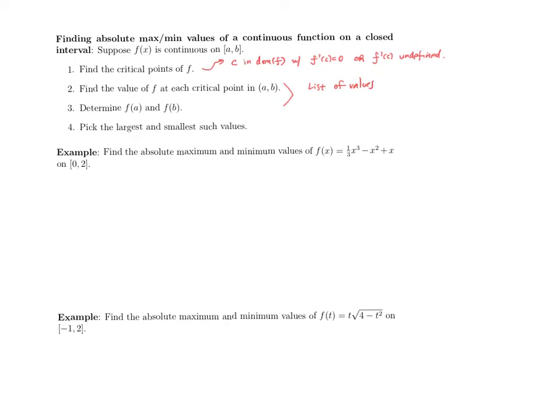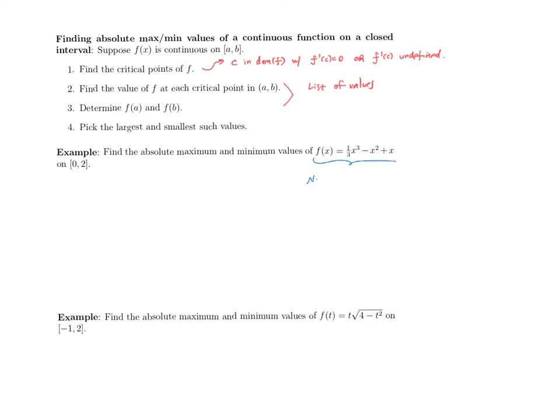Let's illustrate this idea with a nice concrete example. Let's find the absolute maximum and minimum values of this given polynomial on the closed interval from 0 to 2. And note this is a continuous function on a closed interval, so it's exactly what the above procedure is made for. In fact, this function is something that we've already worked with in the previous example.